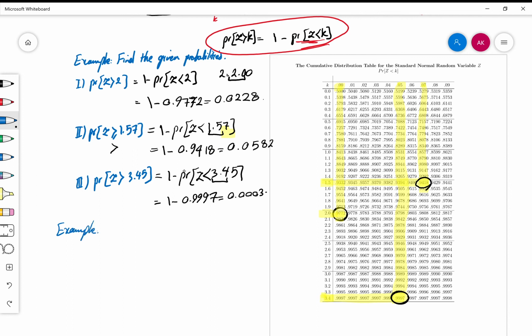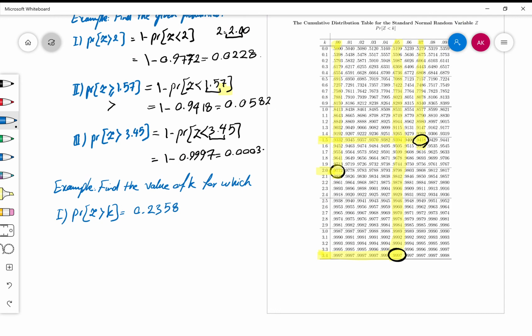Example: find the value of k for which, first, the probability of Z bigger than k is equal to 0.2358, and the second is to find k such that the probability of Z bigger than k is equal to 0.0571.